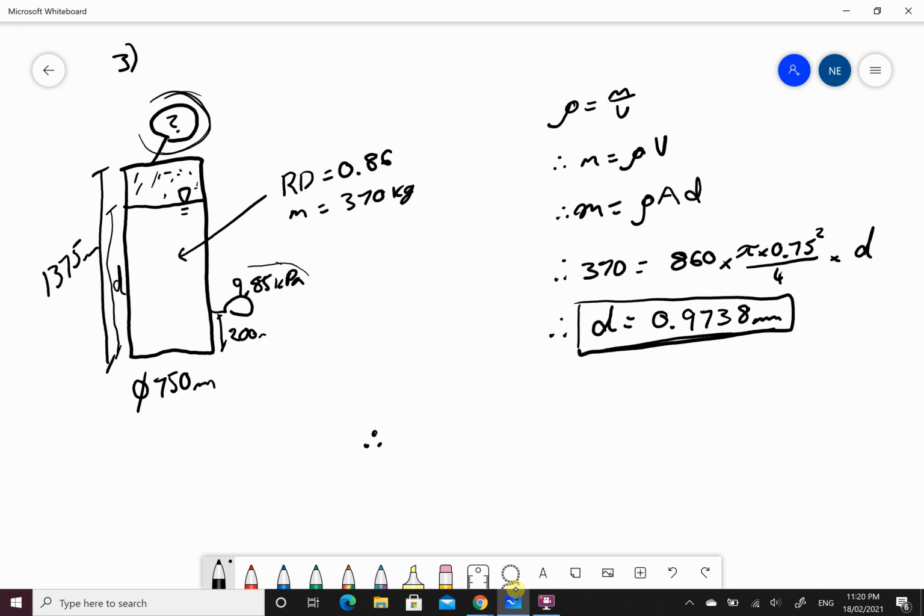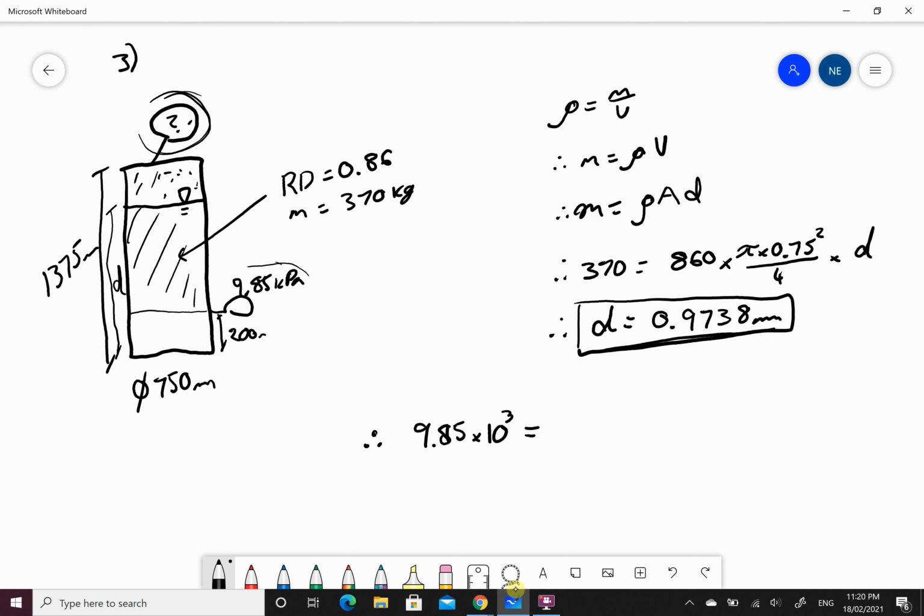So I go 9.85 times 10 to the 3 to bring it back to pascals is equal to getting a gauge pressure reading here. It has to be equal to this pressure, whatever pressure reading is up here, plus the pressure caused by all of the oil in here.